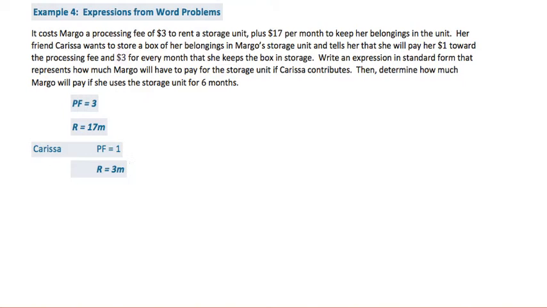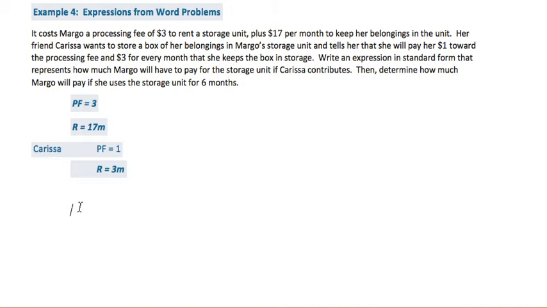So 3 times n, which keeps the box in storage. We're going to write an expression in standard form that represents how much Margot will have to pay for the storage unit if Carissa contributes, and then determine how much Margot will pay if she uses the storage unit for 6 months. And that is, of course, assuming that Carissa is also going to contribute.